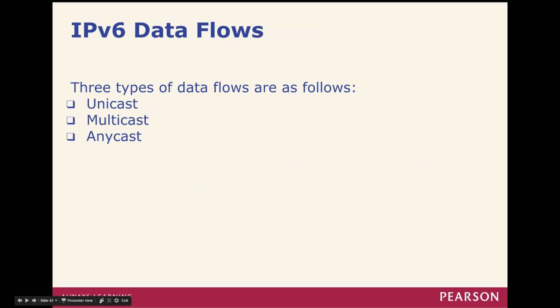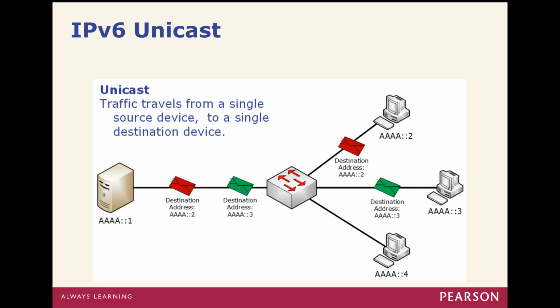There's 3 different types of IPv6 data flows: unicast, multicast, and anycast. An IPv6 unicast, just like an IPv4 unicast, is the traffic that travels from a single source to a single destination. And you can see here we've got :2, :3. They've simplified these just for us to be able to see them.